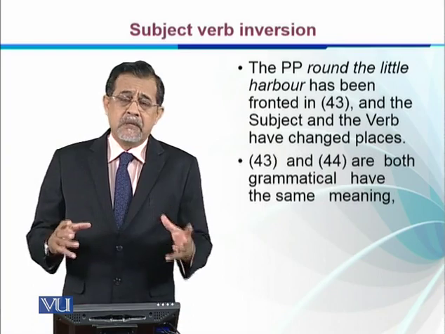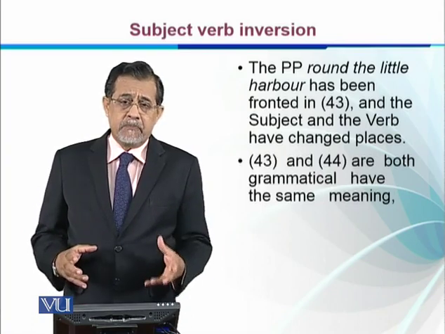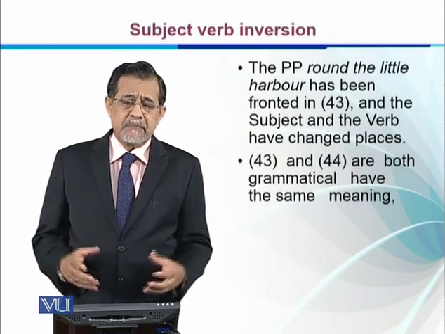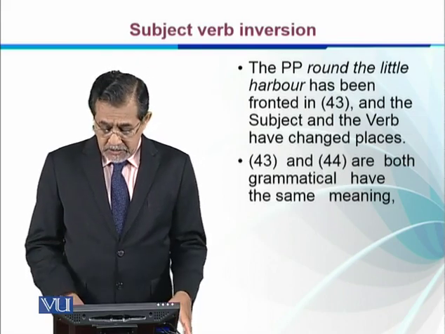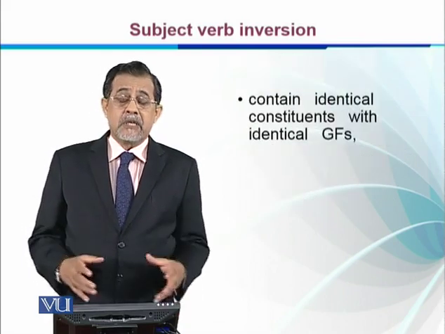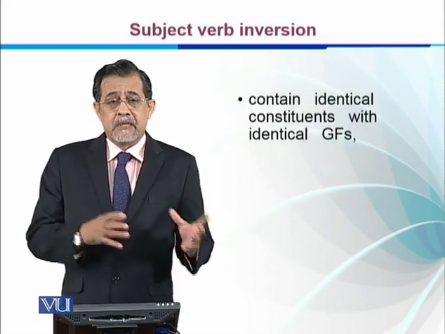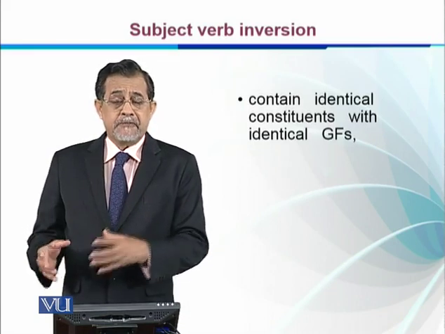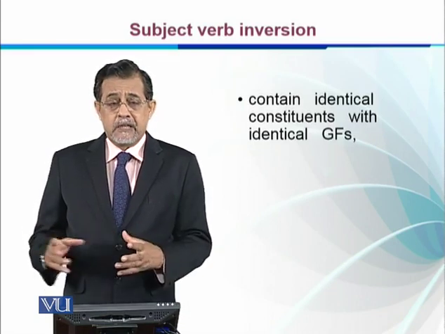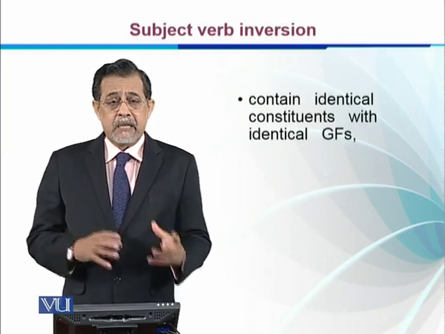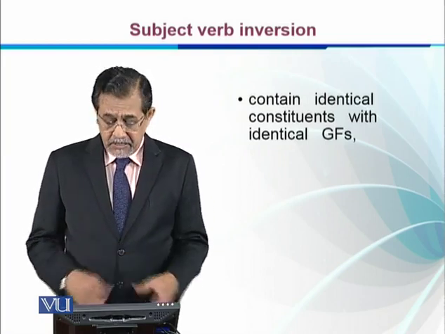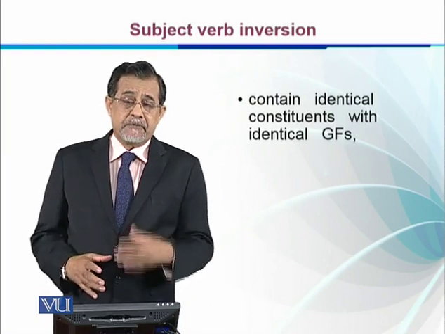There is no difference of meaning in these two sentences, except that the style is changed. They contain identical constituents, noun phrase and prepositional phrase. They have been moved, but they still remain noun phrase and prepositional phrase, and they have the same grammatical function.